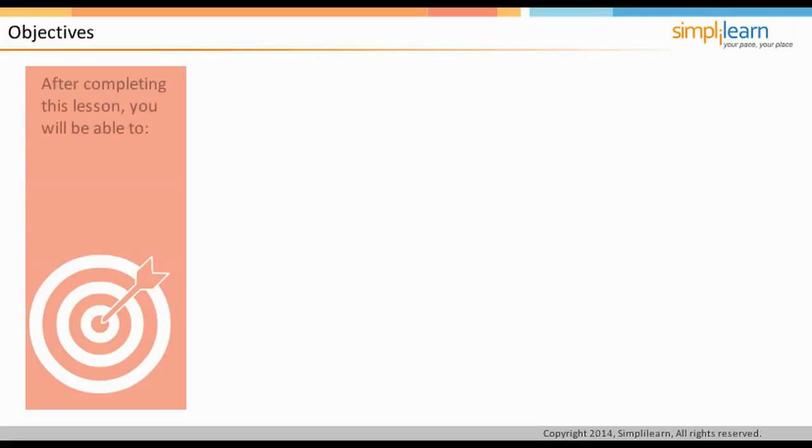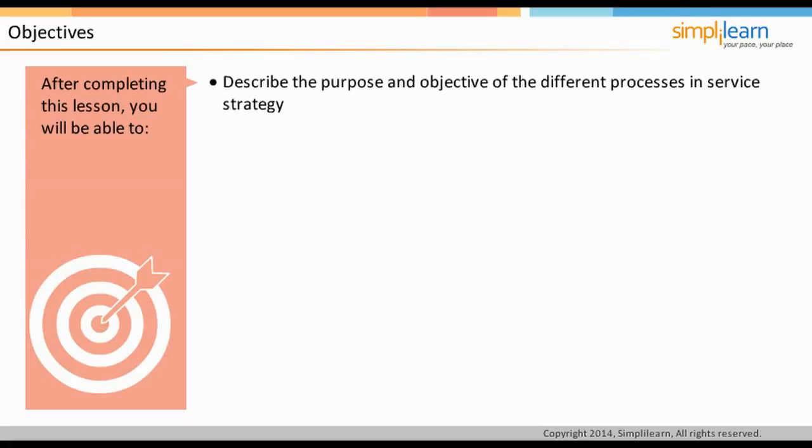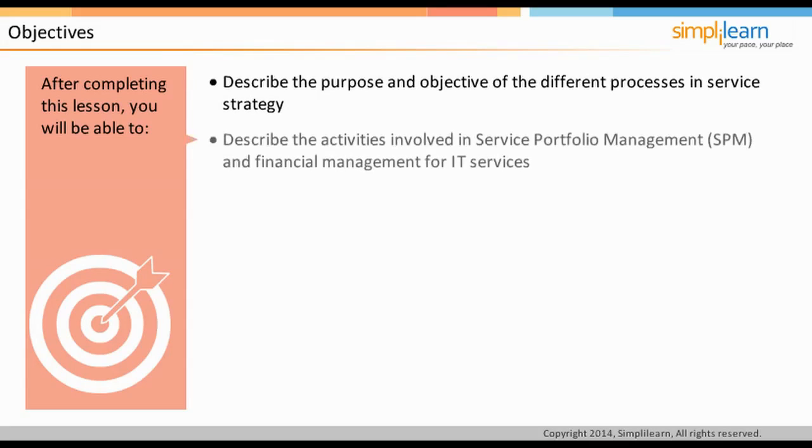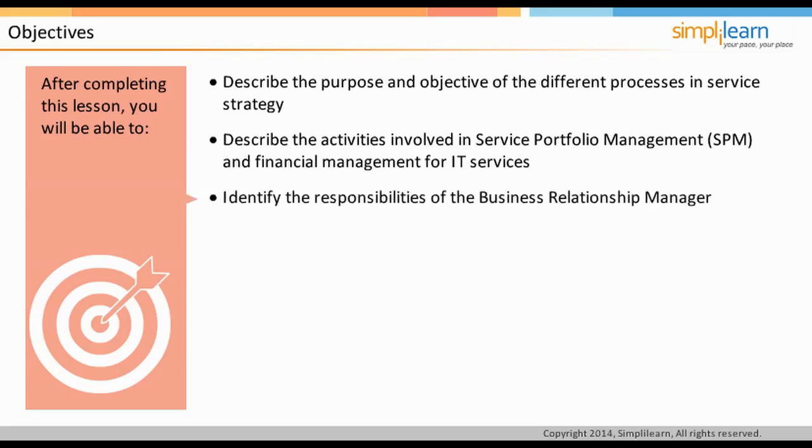After completing this lesson, you will be able to describe the purpose and objective of the different processes in service strategy. Describe the activities involved in Service Portfolio Management, SPM, and Financial Management for IT services. Identify the responsibilities of the Business Relationship Manager. In the next screen, we will begin with an overview of demand management.